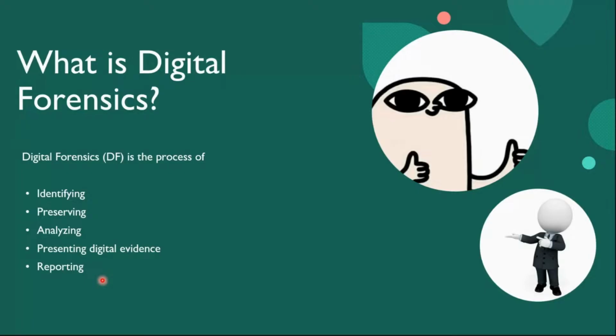In identification, it means locating potential digital evidence. Then the second one, preservation, which indicates protecting evidence from alteration. In analysis, we examine data to uncover facts. At last, the presentation and reporting, where you report the findings clearly for legal or corporate use.